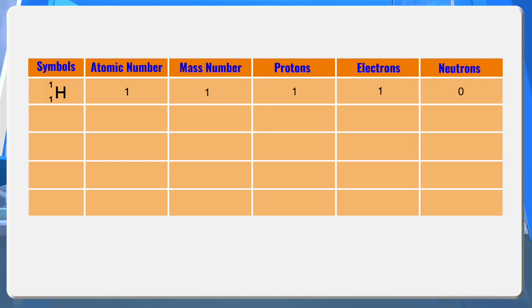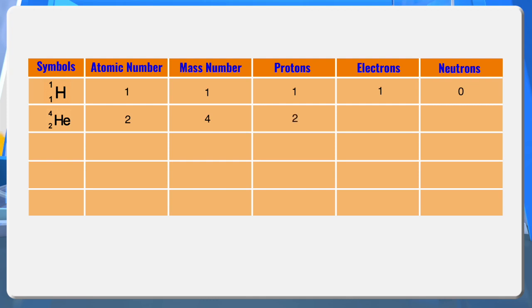Then, the next element we have is helium. What is the mass number and atomic number of helium? Yes, the mass number of helium is 4 and the atomic number is 2. Then, what about the number of protons? Yes, atomic number is equal to number of protons. That is, the number of protons is equal to 2.